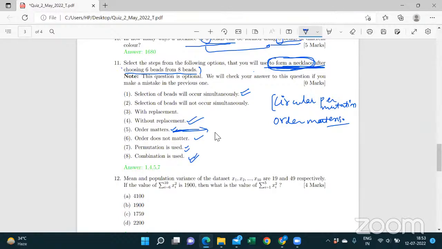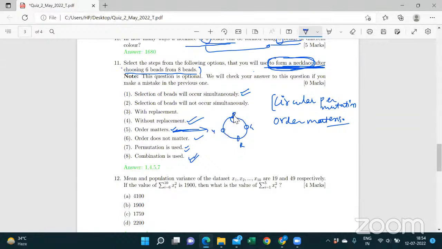Since it is circular, order should not matter. No, see, what is the meaning of order? Suppose this is a blue bead, this is green, this is blue, this is red, and this is yellow.